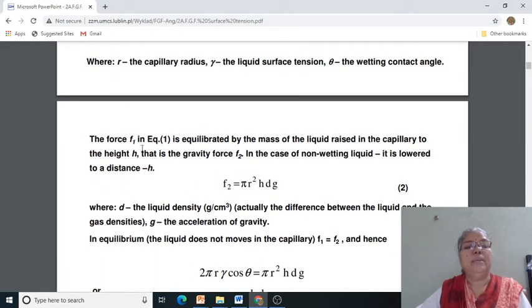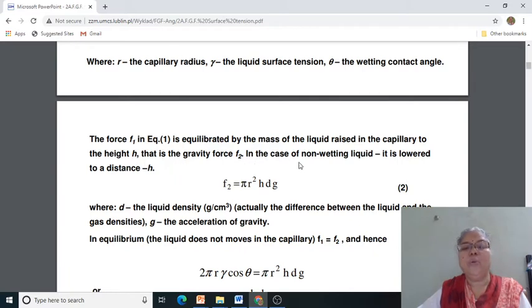Then the force F1 in the above equation is equilibrated by the mass of liquid raised in the capillary to the height h, that is the gravity force F2.